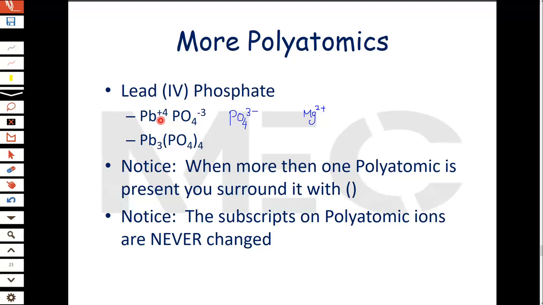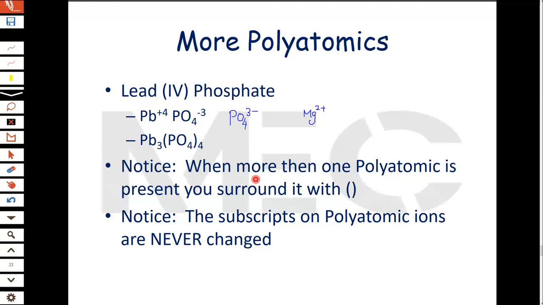Lead 4 and phosphate, so we swap the charges. 4 here comes here and 3 comes here. Lead 4 phosphate. Lead is among the transition metals which have different ions, so a Roman numeral is needed.